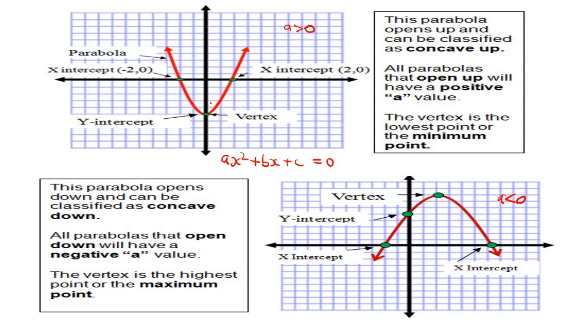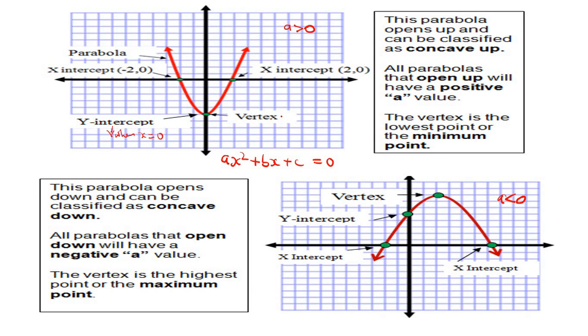Now if you look at this curve, we have the y-intercept. The y-intercept is the point when x equals 0. And for this one, the y-intercept is the same as the vertex.